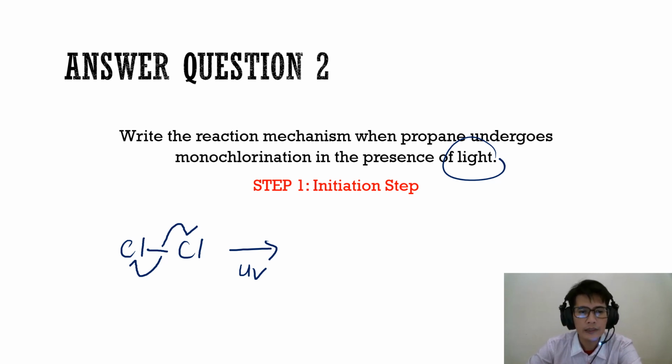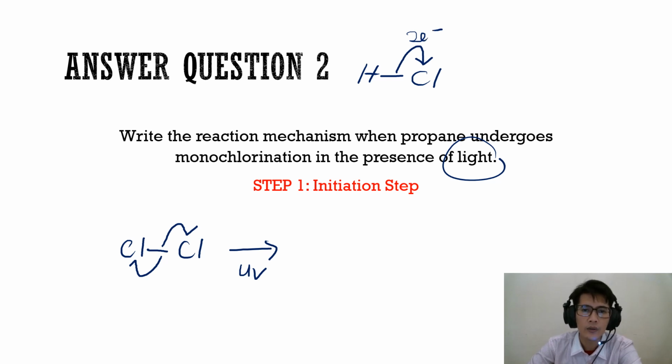The homolytic cleavage is indicated by a half-head curved arrow like this. If heterolytic, for example HCl, we use the normal curved arrow like this, meaning the transfer of 2 electrons.